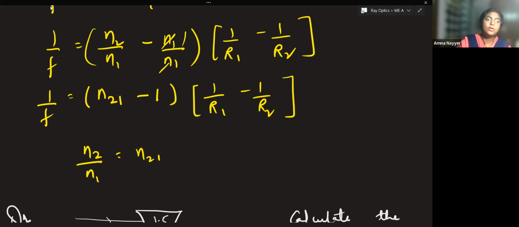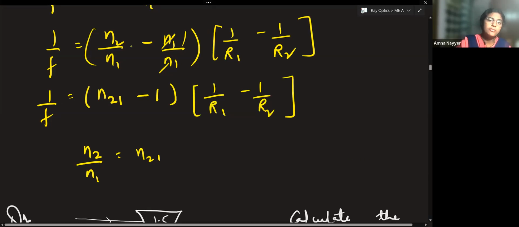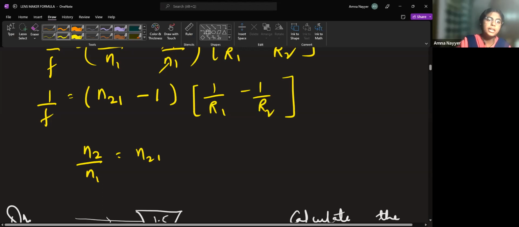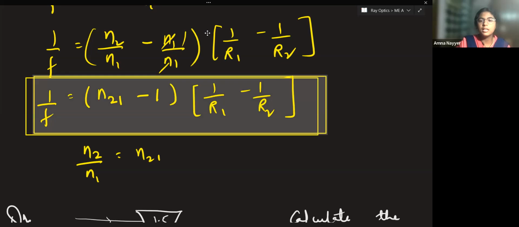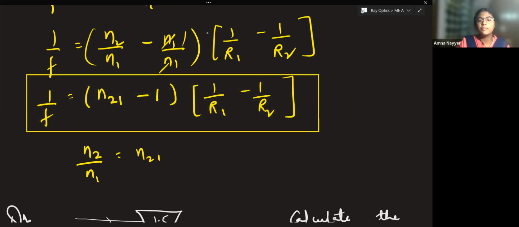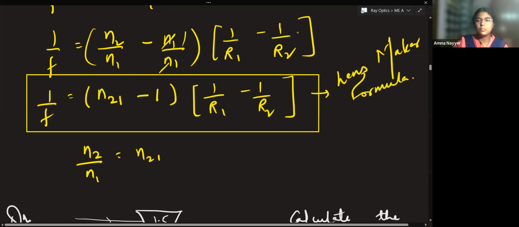This is your lens maker formula, and you have to consider it with proper sign conventions. This is known as the lens maker formula.